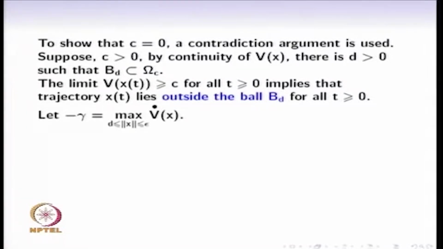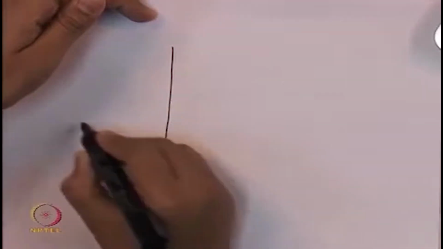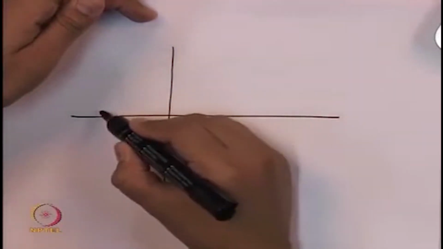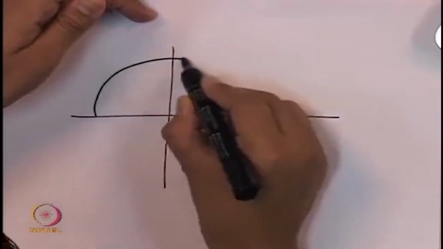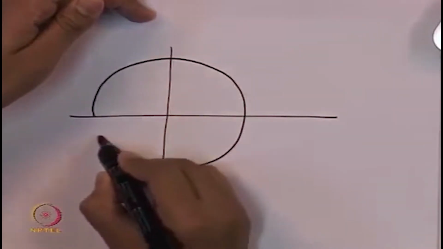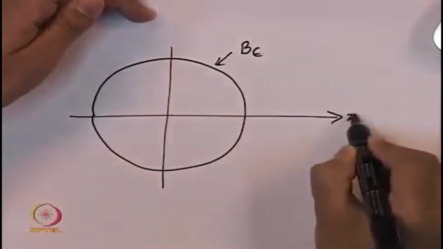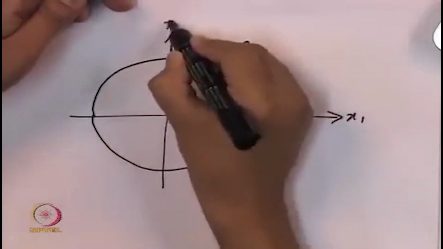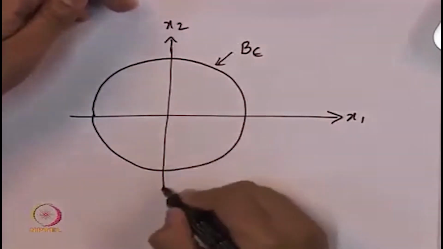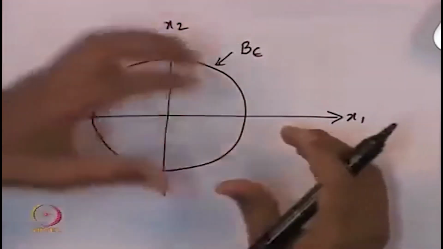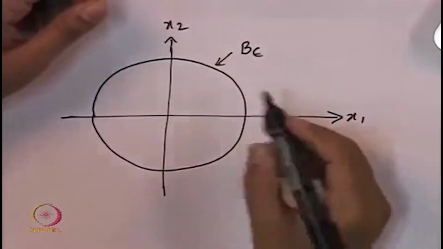So we have to see a figure. This was our original ball B epsilon. This is our state space x1, x2. So we are assuming for the time being that there are only two state components, but more generally this is a ball in R^n.